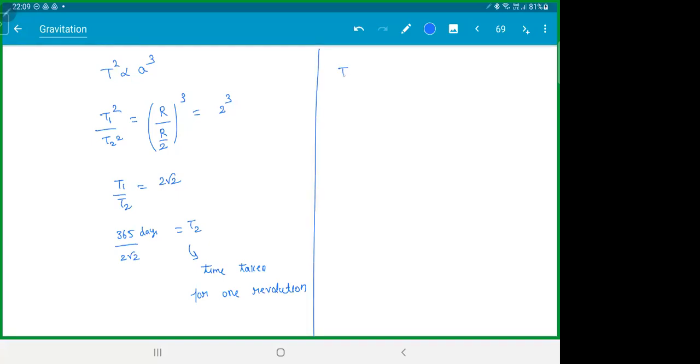The time taken to reach the sun, you won't come back again, will be half of this. Which is 365 by 4 root 2. I think this thing approximately comes to 65 days.